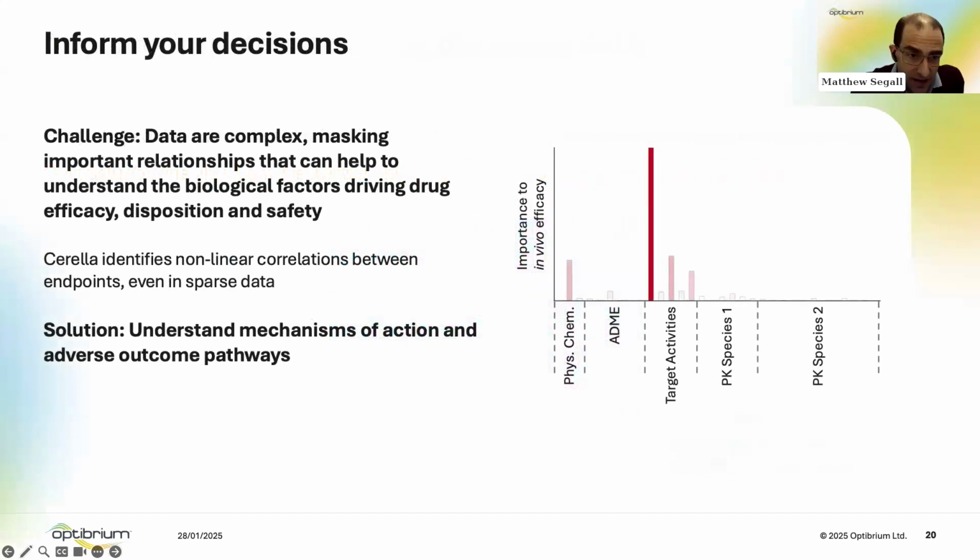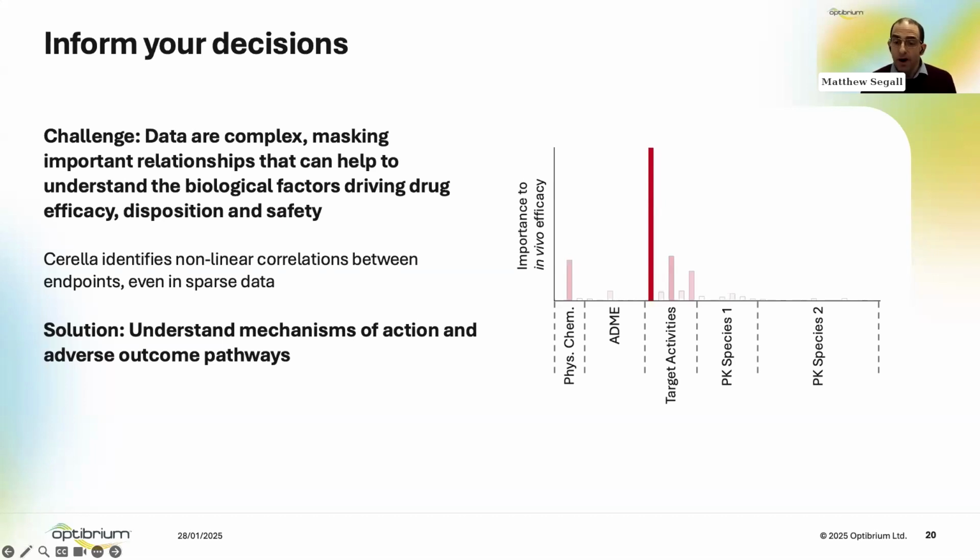One way we can do that is to actually understand those relationships between the different endpoints. So this Cerella identifies these nonlinear correlations between these endpoints from the sparse data. And there's an example here on the right-hand side where we're looking at the importance of different early stage endpoints to predict the in vivo efficacy of a compound in an animal study.